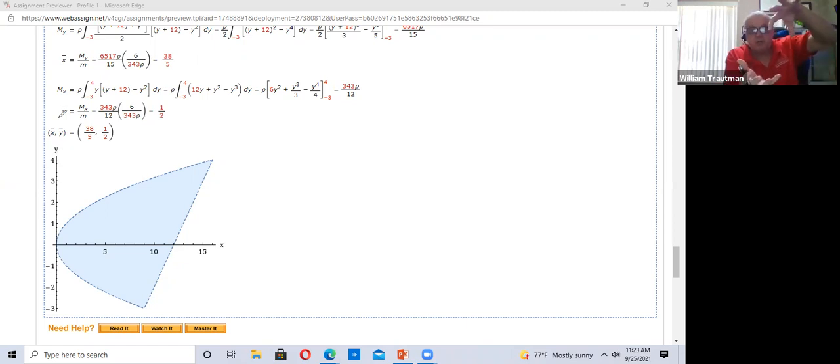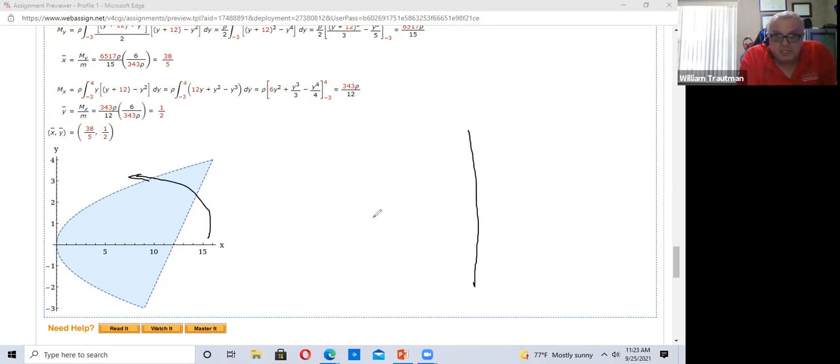If I rotate this this way, this graph becomes like this. This is the y-axis now, and this becomes the x-axis. If I could try to draw it, it goes from, is that 3 or is that 4? That's 4. So it goes from 4 to -3.